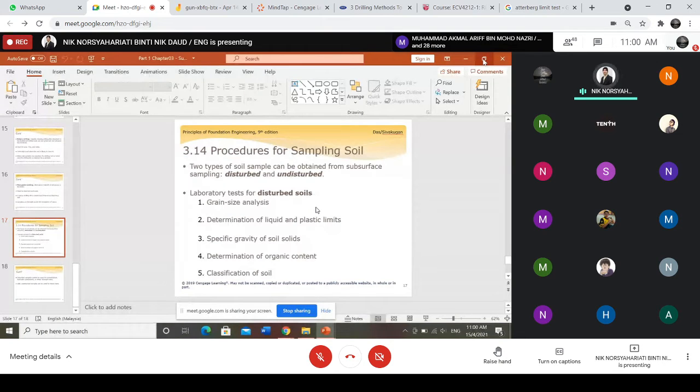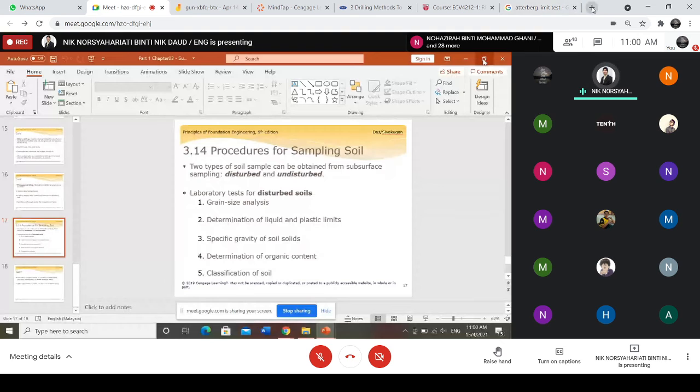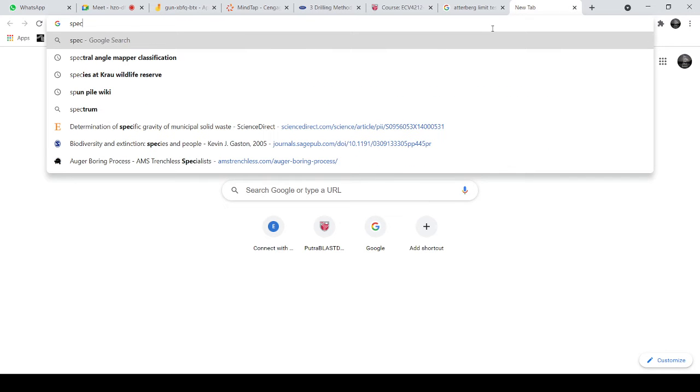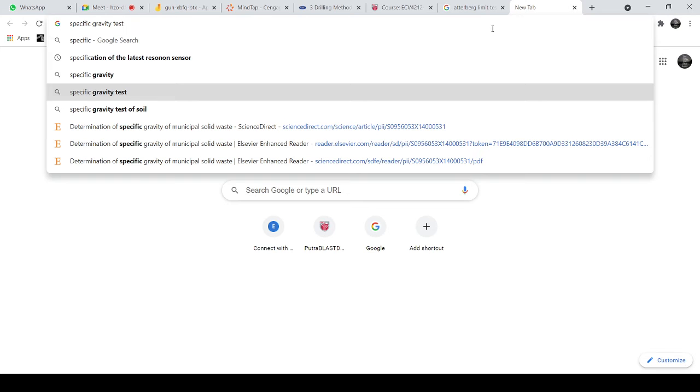Then specific gravity, which is where you use the small pycnometer bottle. Do you still remember? Then classification of soil, which is the index test.